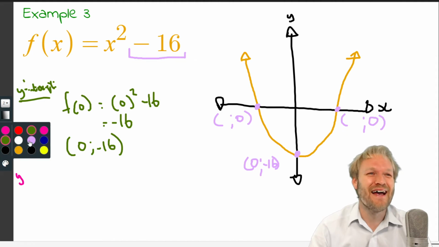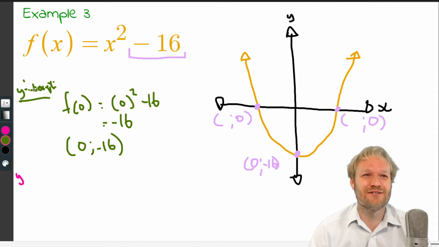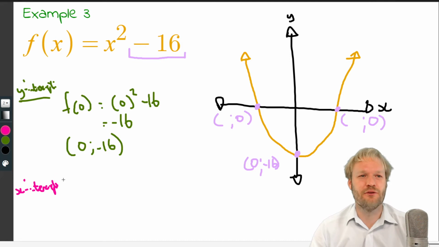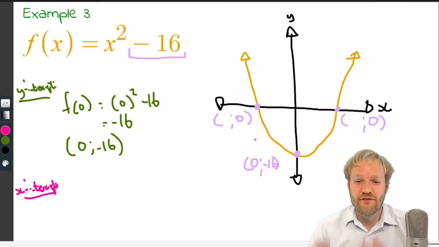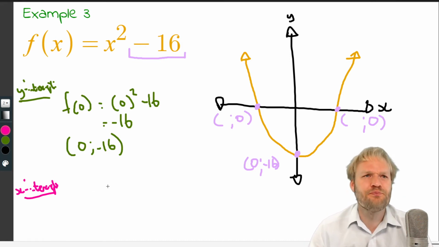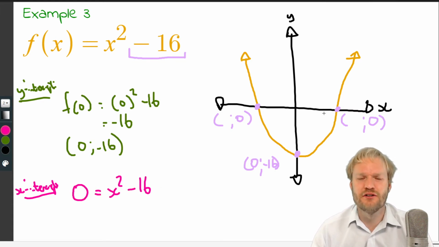Okay, so we're back. This one here was our y-intercept. This one here is our x-intercept. And for our x-intercepts, we already know that there are going to be 2, because we have a good sense of what our picture looks like. Here we're saying that our y value is 0, and we need to find these two values.